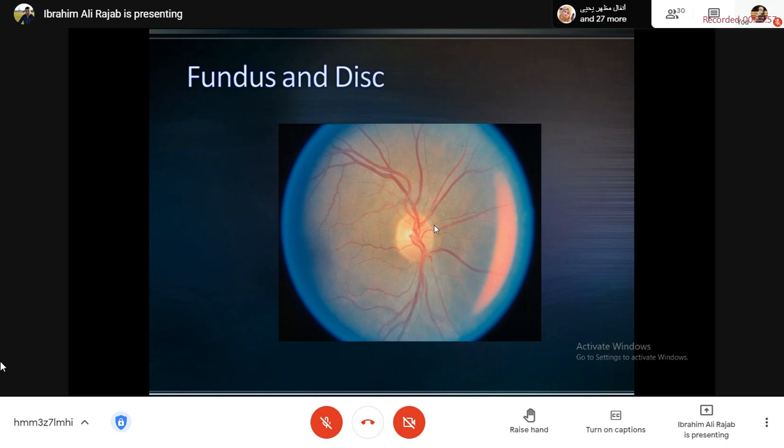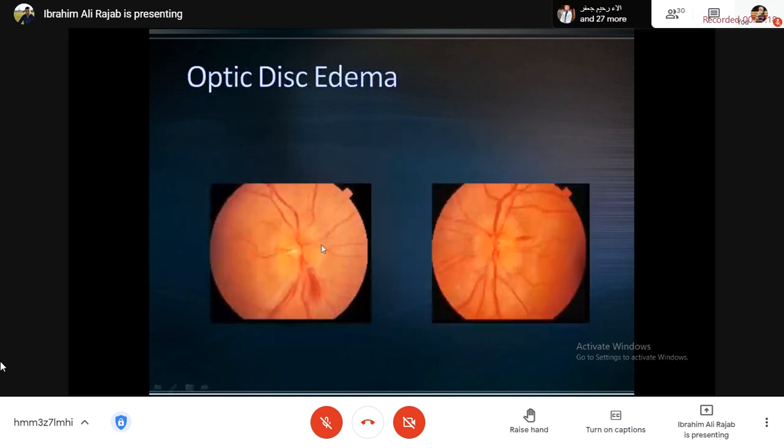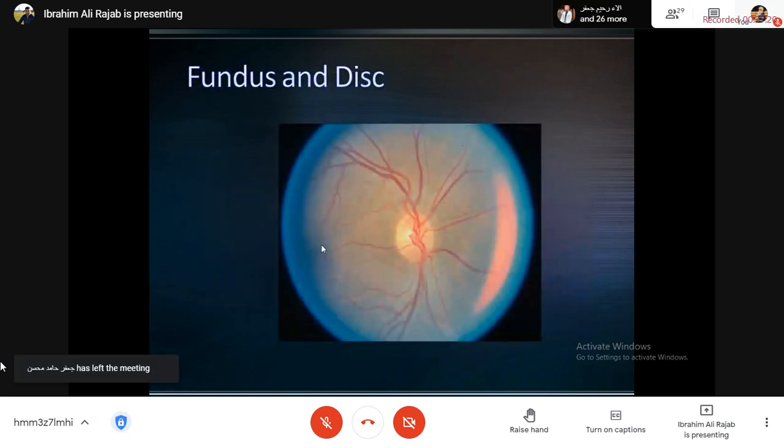It is on your left side. So the macula, if you see my cursor, صح. This is the area, the darker area, because the disc appears centrally. The macula is on your left side. If you see my pointer, this is the area of the macula, and you are right.